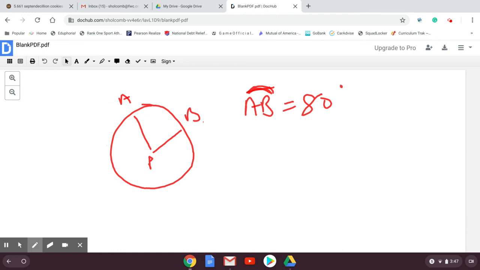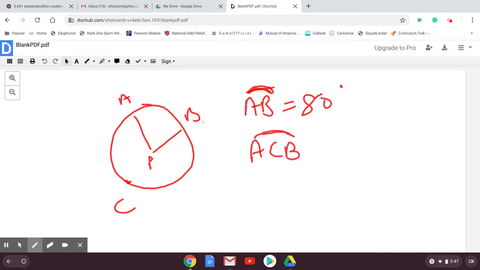Now, if there was another point on here, point C, what's the measure of arc ACB? Let's go around that way.